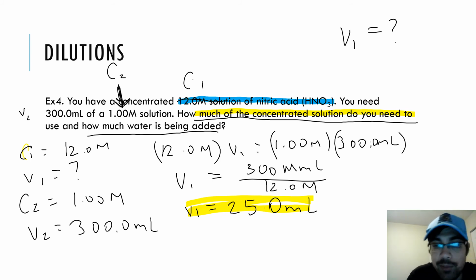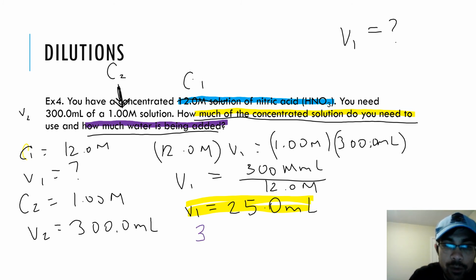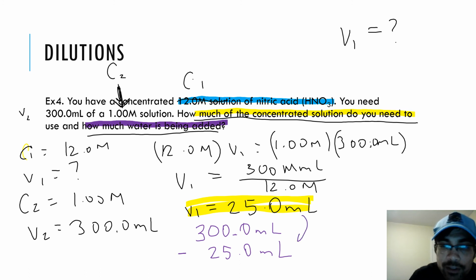Now, the second part of the question is saying how much water is being added. This is quite simple to do. All we need to do is take the final volume that we require, and do it in purple so it matches. We then subtract how much of the stock solution we used, which was 25 milliliters.